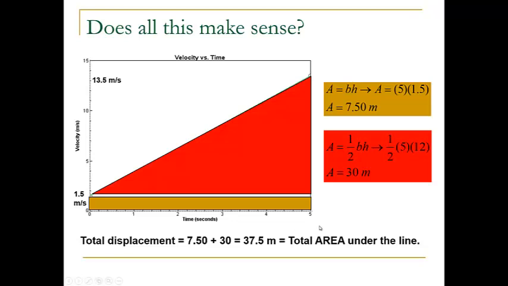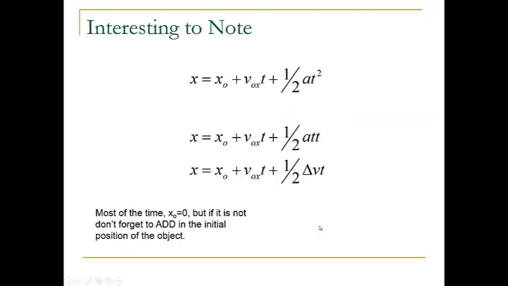And if you look at that, we can take that and find our next amigo. The second amigo is x equals x naught plus v naught t plus 1/2 a t squared. This x naught is normally 0, but if you're starting a race and giving one person a head start, say one person starts 5 meters ahead of the other, that's where you'd include this x naught: if you're starting at different distances.